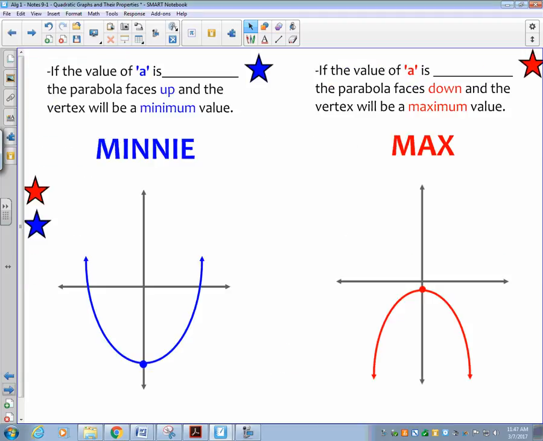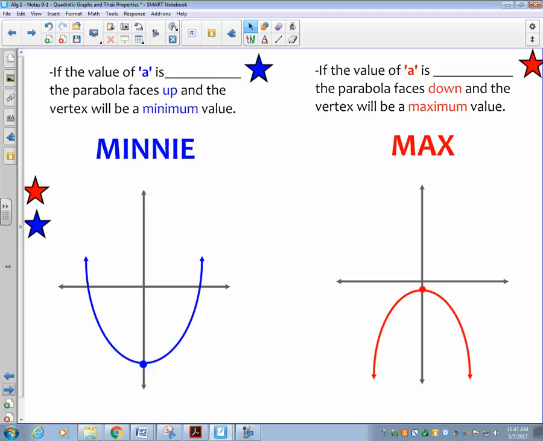Okay. So here's how I remember if we're going to have a minimum or a maximum. If the value of A is positive, put a plus sign.